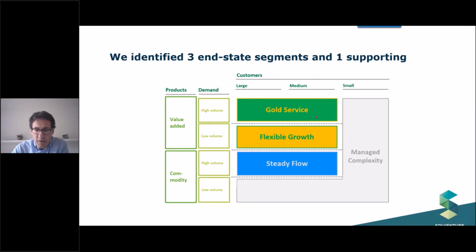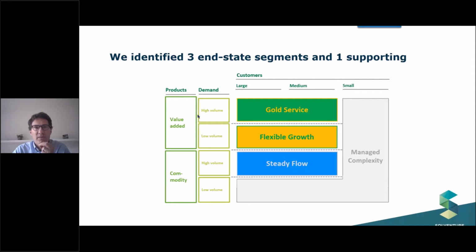Another segment is the gold service, where we identified large and medium customers for products which were value added. So think of SKUs with a specific recipe, typically in high volume. Think of Starbucks: a large customer requiring high volumes, but not a commodity.